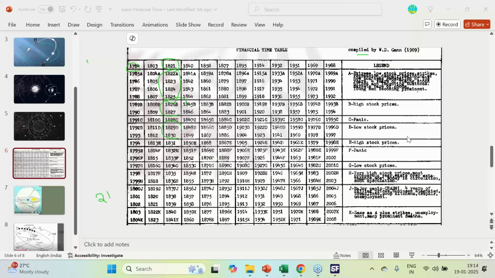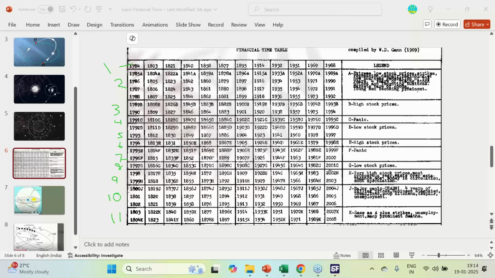As I said, 18.6 years. In the 18.6 year segment, you can see how many divisions there are: 1, 2, 3, 4, 5, 6, 7, 8, 9, 10 and 11. 11 divisions are there, and here 12 divisions are there.